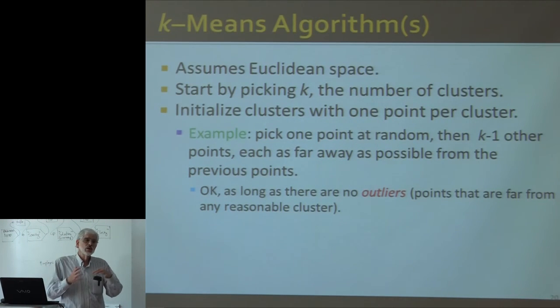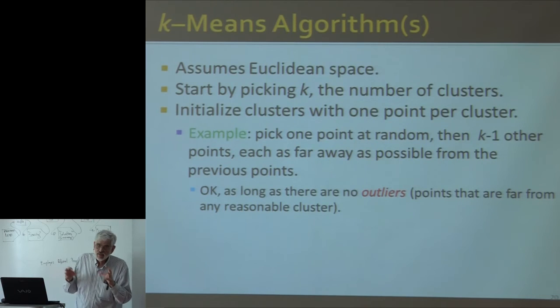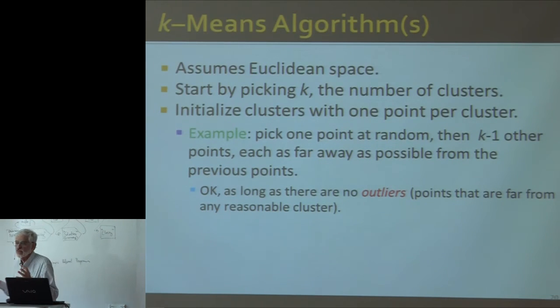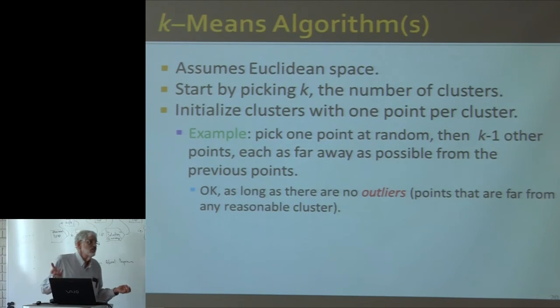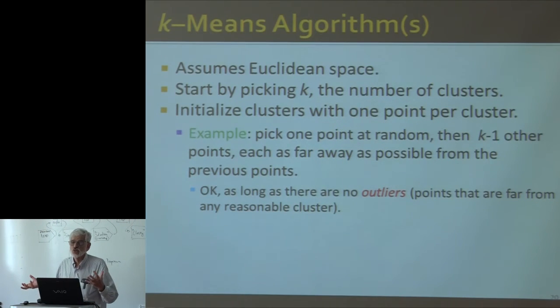And then a fourth point such that the minimum distances to the other 3 points are as far as possible, and so on. So what you're going to get is k points that are as mutually far away as you can. And the idea would be that these probably belong to different clusters, and since you somehow know that there are k clusters, there must be one representative from each cluster.